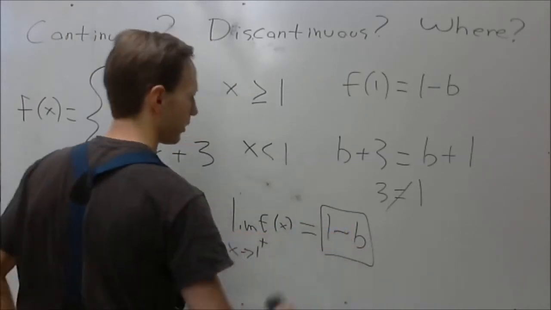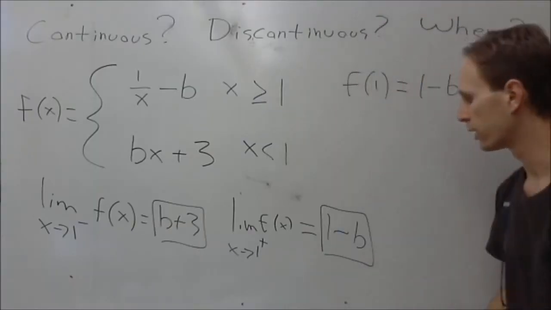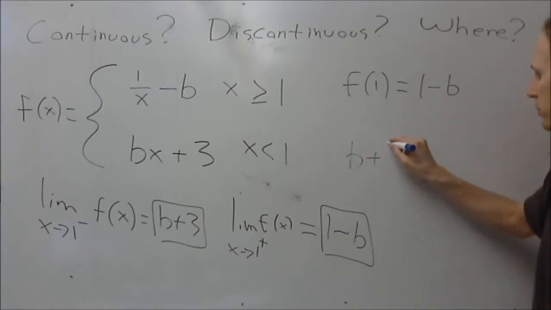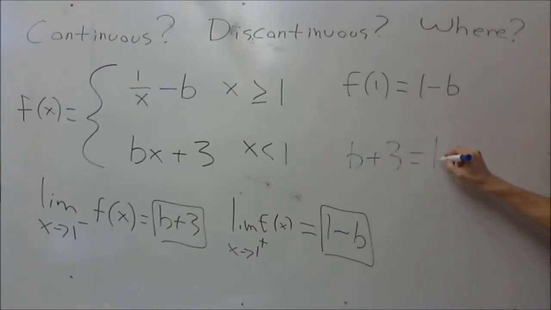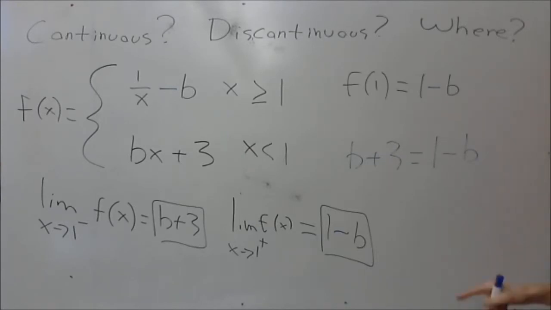And then to determine whether this is going to work out, you set these again equal to each other. So you get b plus 3 must equal 1 minus b. And then you go to solve the equation and bring b over to the other side. So you get 2b equals, when you bring the 3 over to the other side, 1 minus 3 is minus 2.